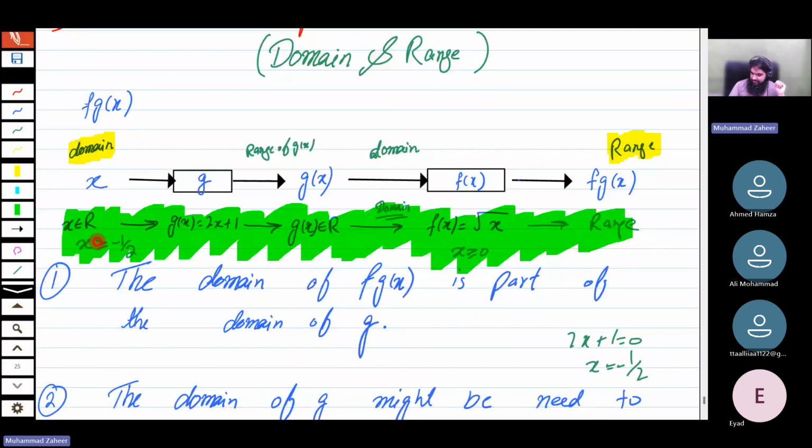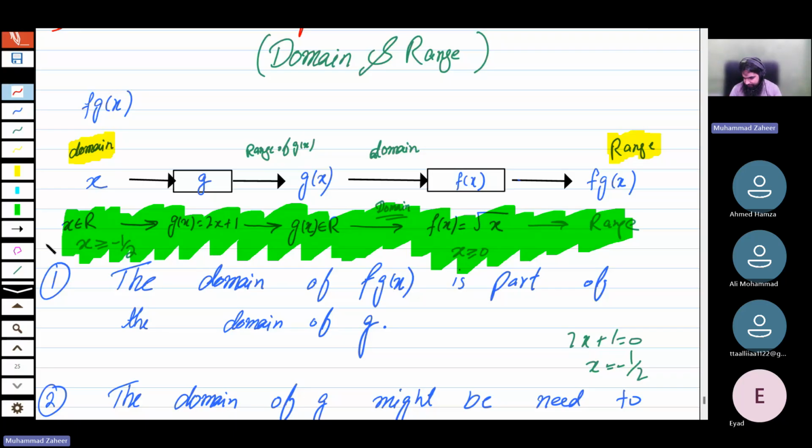So look here, the domain of the composite function will become a subset of the real numbers. That's why I have to write that the domain of f of g of x is a part of the domain of g. You will not take the whole domain of g of x. Sometimes there will be some restriction, so you have to take some part of this one.